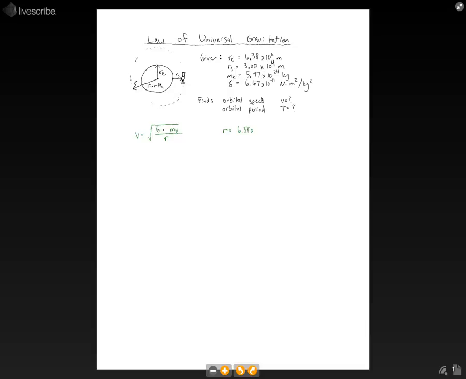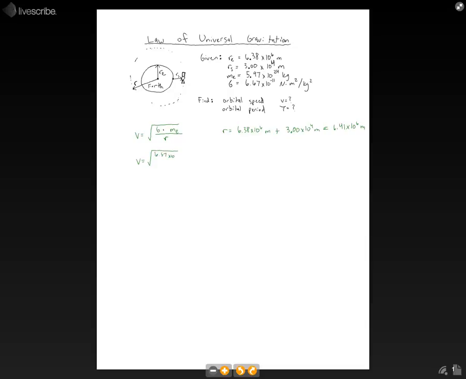So if we go ahead and do that, we should come up with a total radius of 6.41 times 10 to the 6th meters. Okay, so now that we have that, now we can actually substitute in to find our velocity here.